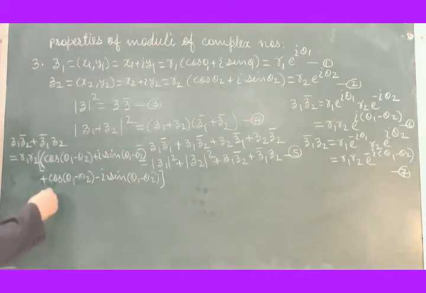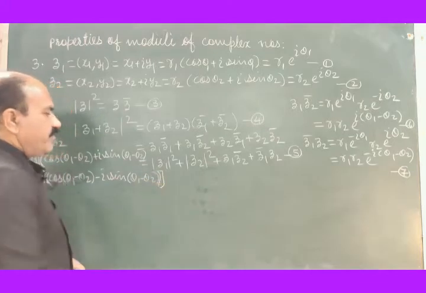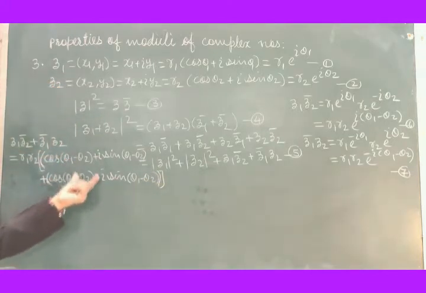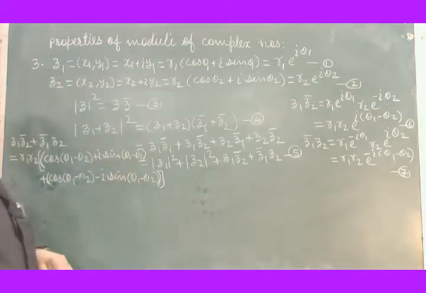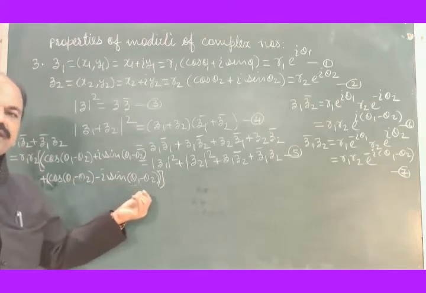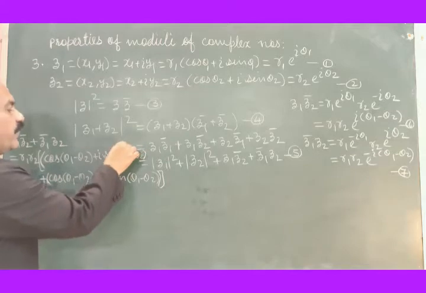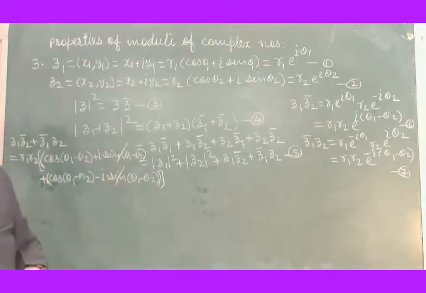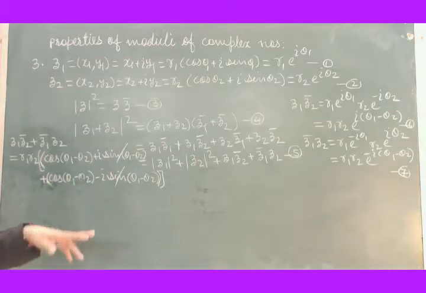in the other bracket cos theta 1 minus theta 2 minus i sin theta 1 minus theta 2. If we do addition of these two, what will happen? This term plus i sin theta 1 minus theta 2, this term minus i sin theta 1 minus theta 2, these two are same and opposite in sign, and therefore these two together vanish, these two together will become 0.